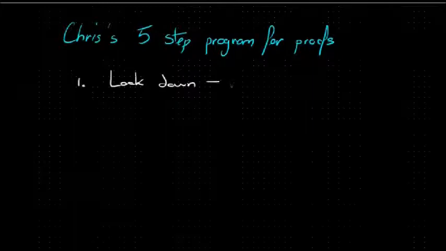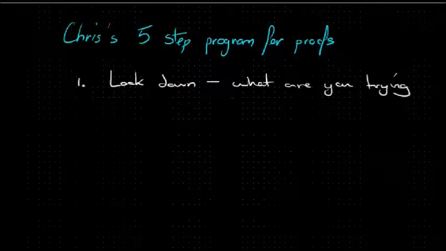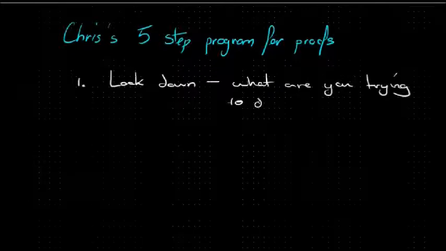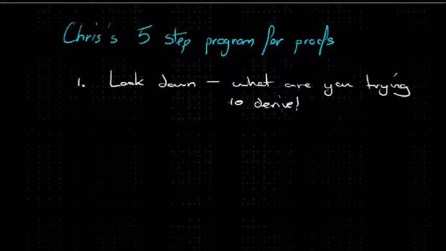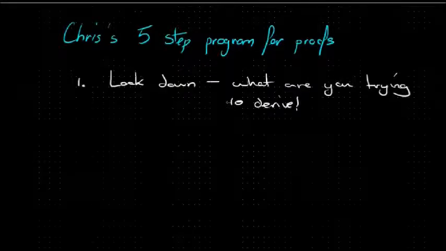Okay, 1, look down. What are you trying to derive? So that's just the case of stop looking at what our premises are and just look at the conclusion that we're trying to derive, or wherever we are at the bottom, whatever the formula is that we still don't know how we got to.